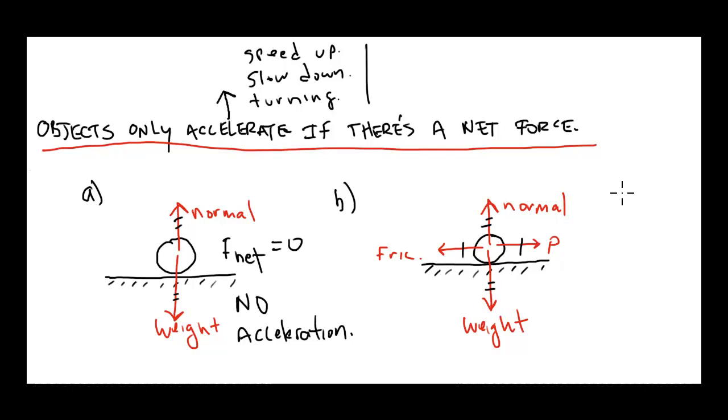Well, the only thing you can conclude is that it's not accelerating. In both cases, the net force is zero. So in both cases, the object is not accelerating. Once again, it could be at rest, or it could be in motion in a straight line at constant speed. Tricky concept, but again, hopefully going over these helps.